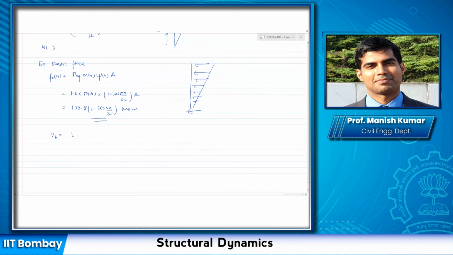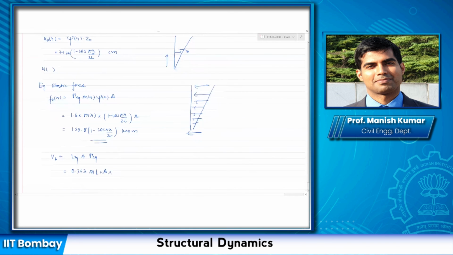L equivalent I have already found out as, sorry, it was 0.363 mass per unit length, and then the A value I have also found out from here, and then this is 1.6.